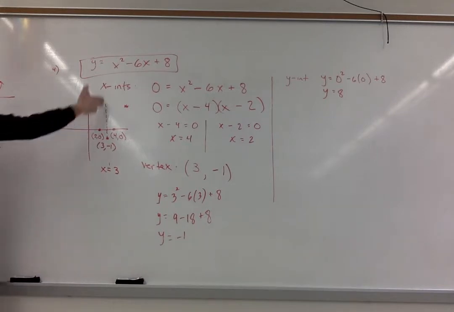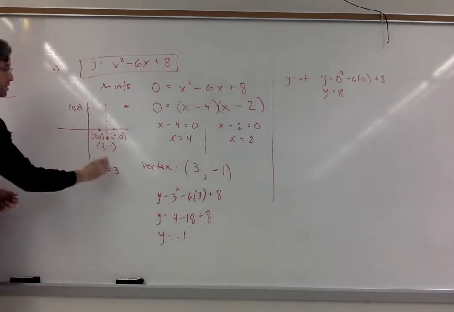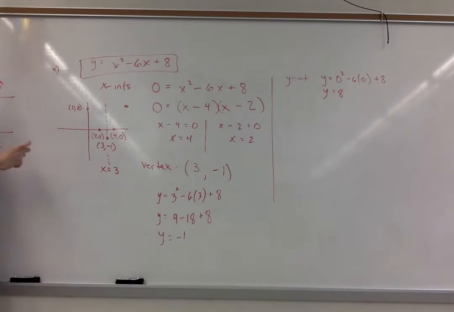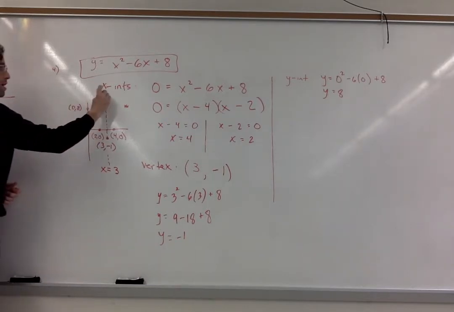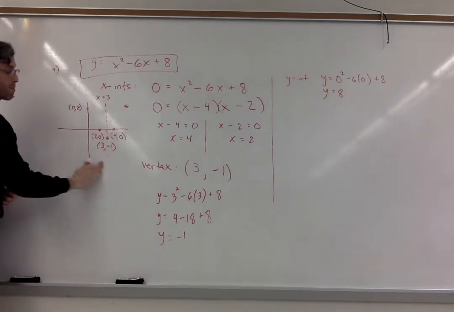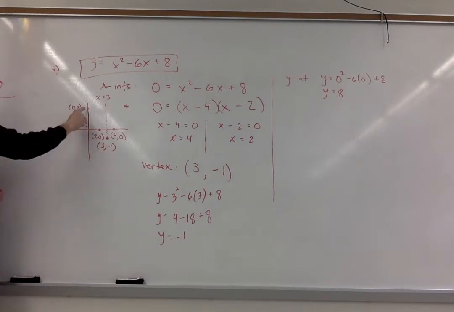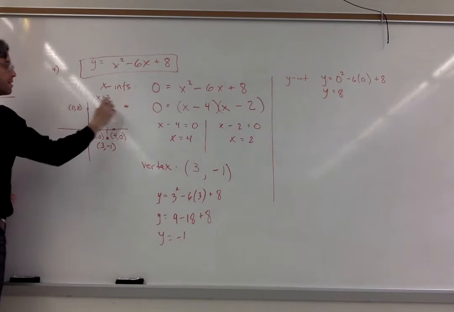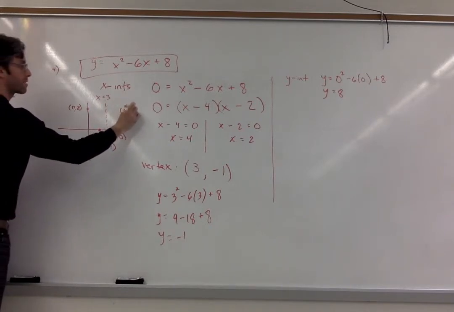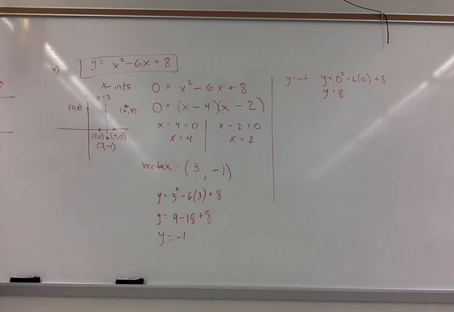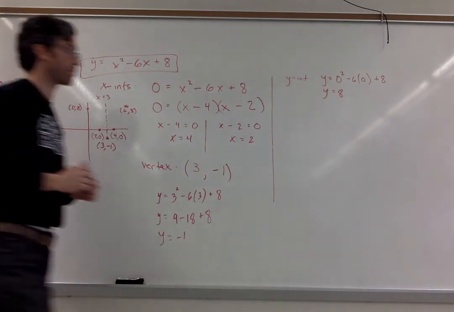The line of symmetry is x equals 3, which means it's 3 units to get from the y-intercept to the line of symmetry. So you just count 3 more, and you are at 6. 6 comma 8 would be that symmetric point.